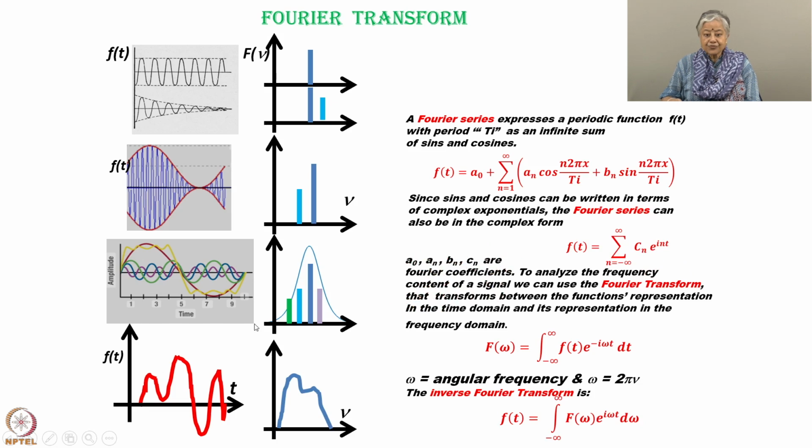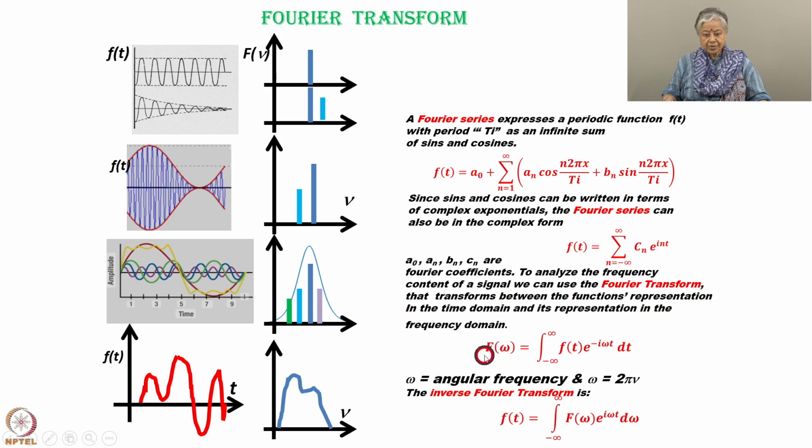To analyze the frequency content of any signal f(t), we can use the Fourier transform. Here we have defined the signal in terms of the sine and cosine waves and also in this exponential form. Now, we use the Fourier transform between the function representation in the time domain and the representation in the frequency domain.